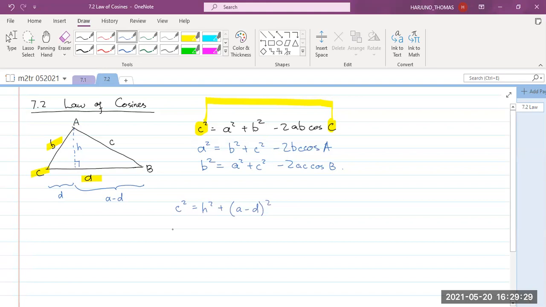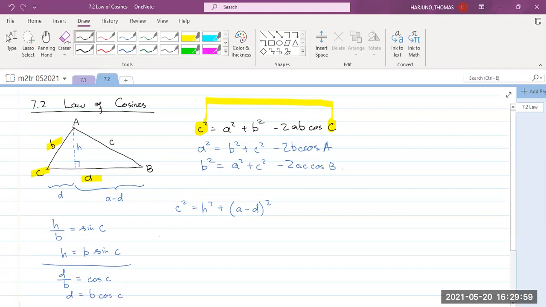Now, H over B is sine C. Therefore, H is B sine C. D over B is cosine C. So D is B cosine C. Now plug those two into the equation.